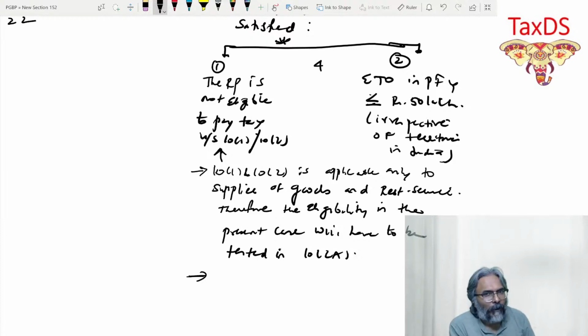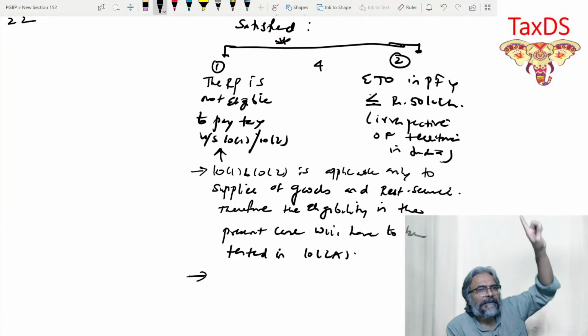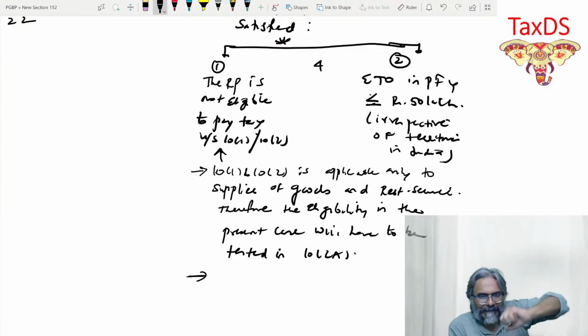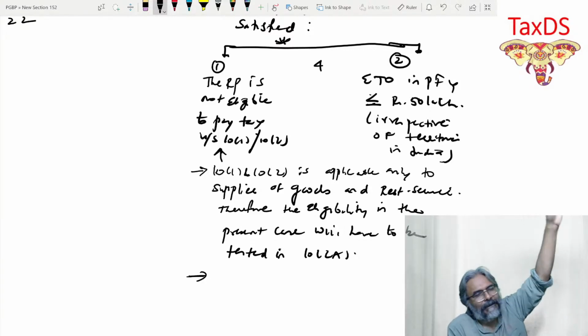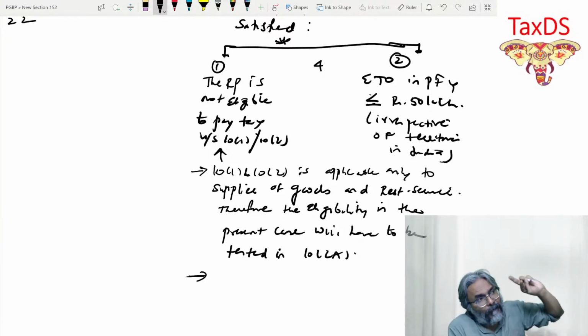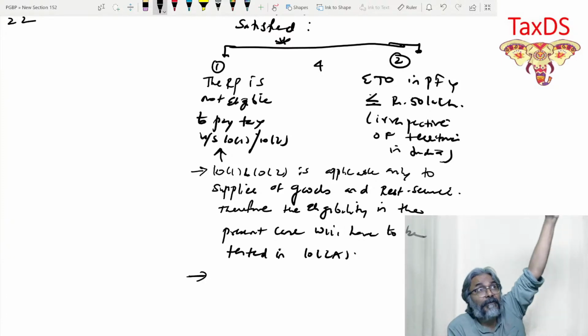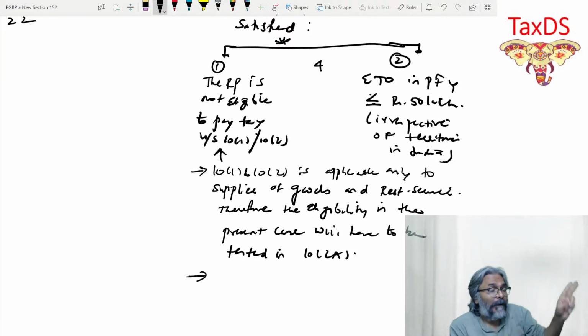So, students, what was he doing in the previous financial year? Restaurant service. Since I have to test the eligibility condition in the current financial year, will I go with that 150 lakhs limit, or will I have to go with the 50 lakhs limit?